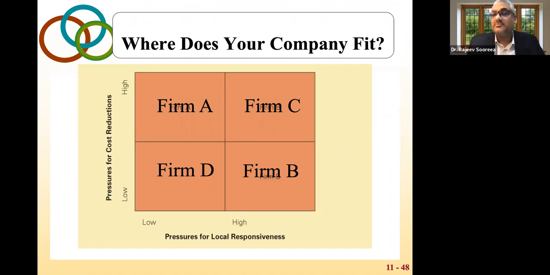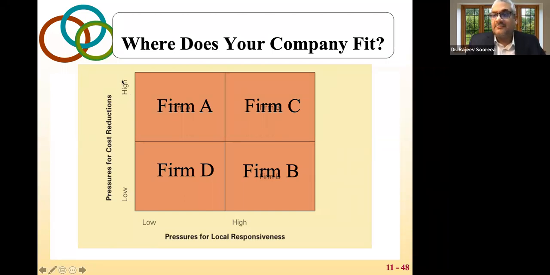You cannot provide the same product that you provide in your home market in that foreign market. You have to change it, make it fit the local market needs. The pressures for cost reduction are low on this side. As you move up, the pressures for cost reduction are higher. If there are a lot of competitors, you will be up here, in the high portion of the chart.